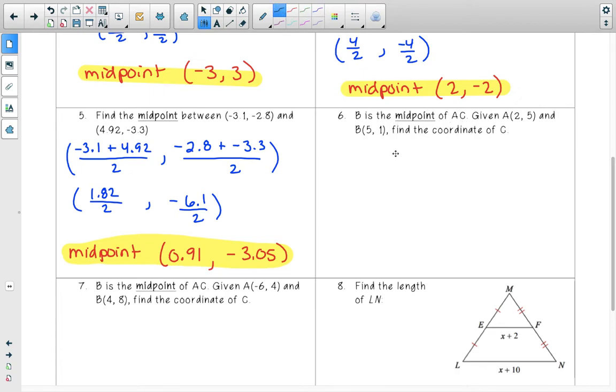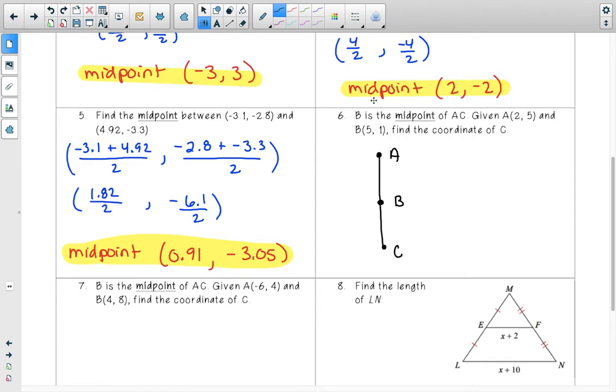So I know I have coordinate AC. So if I say this is coordinate A, and this is coordinate C, I know I have a line between those. I know that B is directly in the middle.